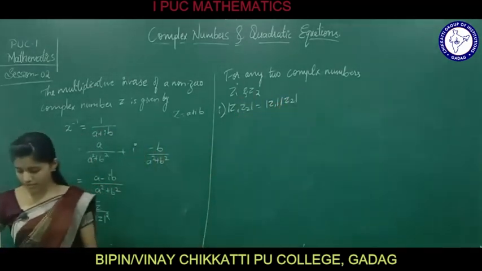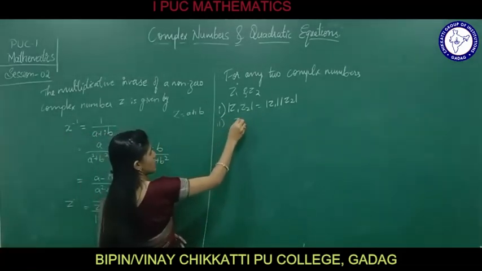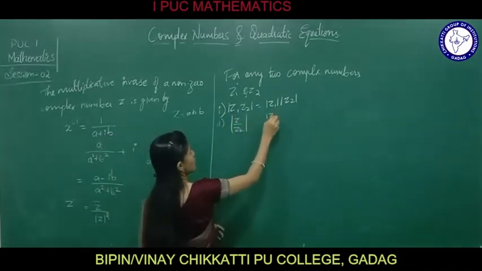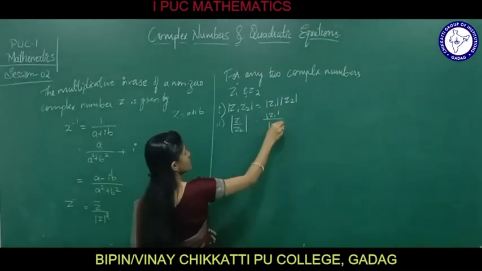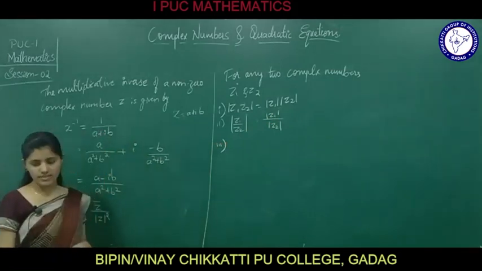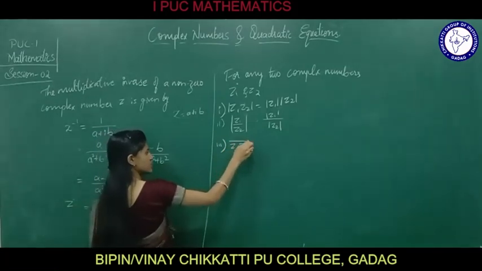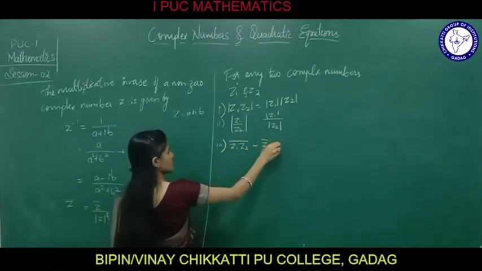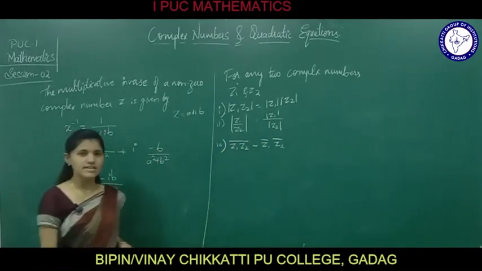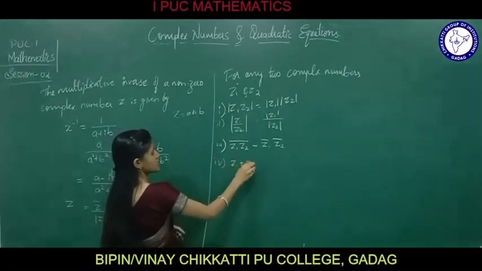And next, if it is mod of z1 by z2, this can be written as mod of z1 by mod of z2. What about the conjugate? Conjugate of z1 into z2 can be written as conjugate of z1 into conjugate of z2. The same way, what about z1 plus z2?